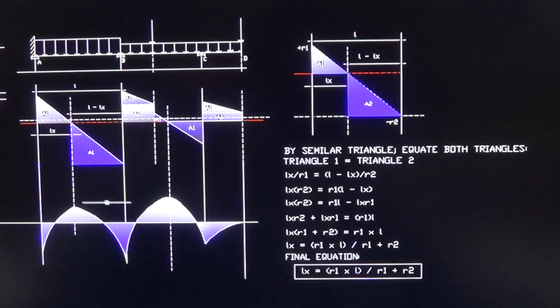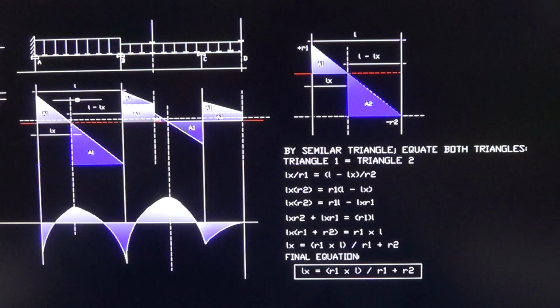So now you can solve also the area of this other triangle, the moment here, minus this area here will become the shear at B. Alright, so now since you have this Lx formula, you can substitute that value into L minus Lx, so that you get these distances here.